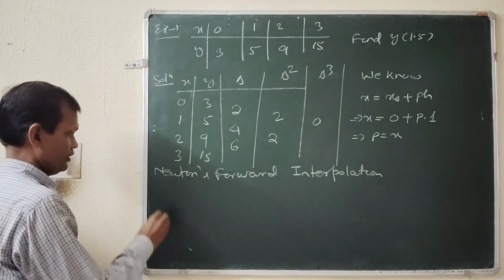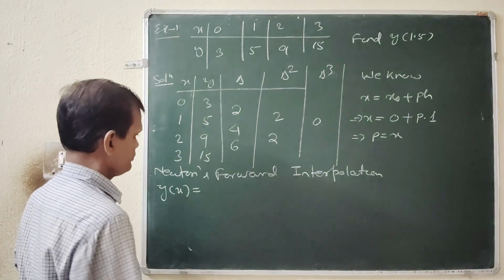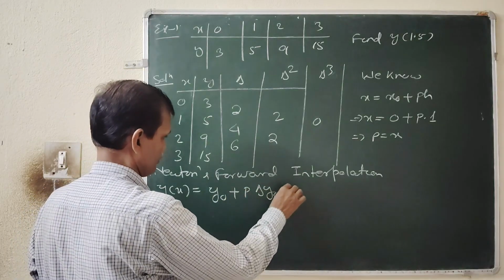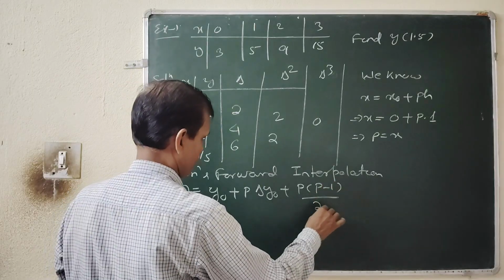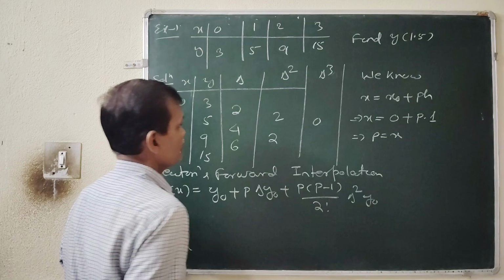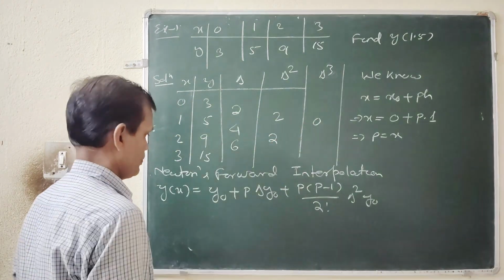So y of x is equal to y0 plus p delta y0 plus p into p minus 1 by 2 factorial delta square y0 and so on. But as the data ends at delta square, we will not write more.